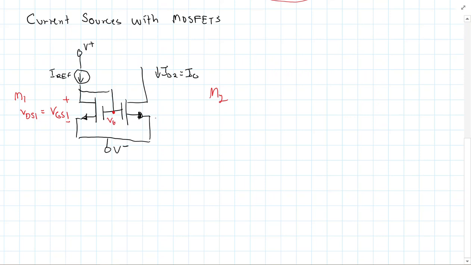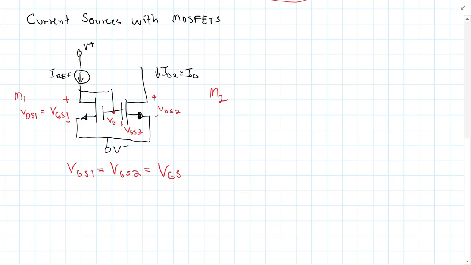So we have here a plus minus VGS2, and then we do have a plus minus VDS2, but we can quickly see from this that VGS1 is equal to VGS2, which I'll just call VGS.